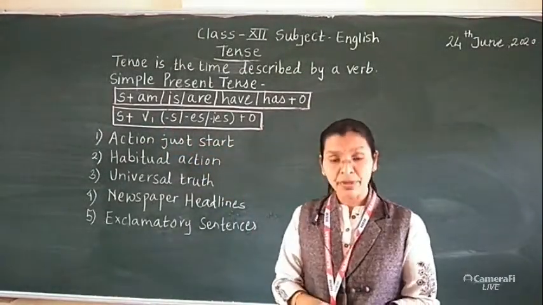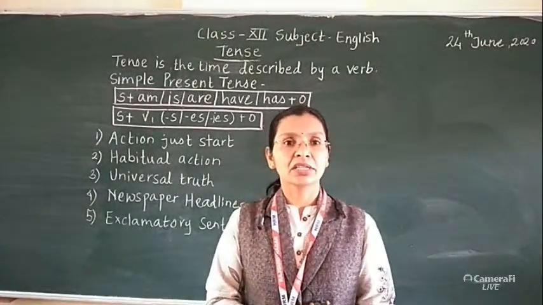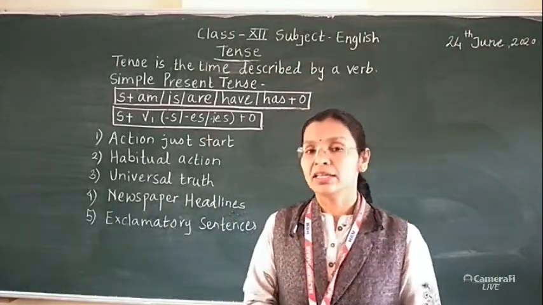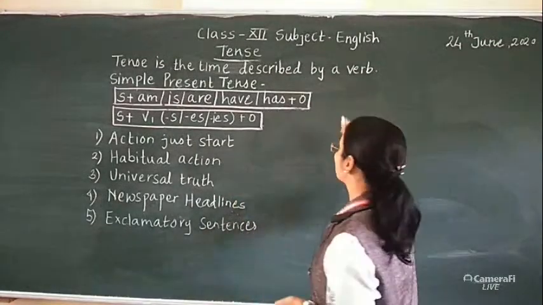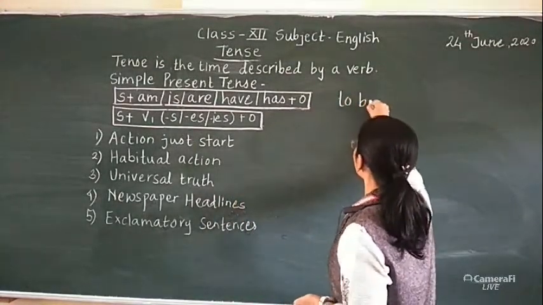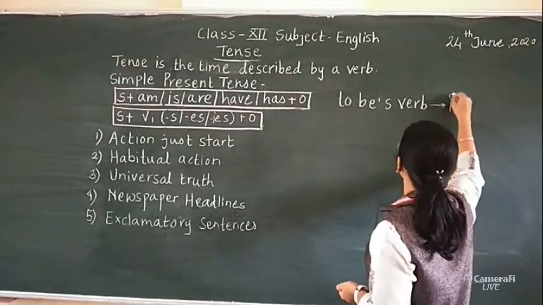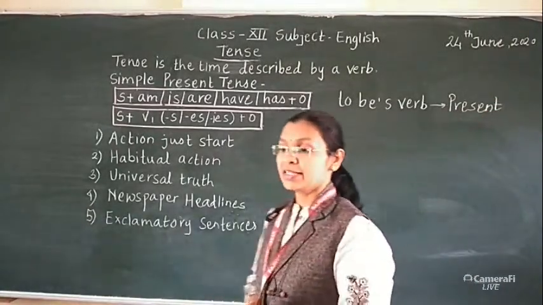Now, pay attention here, students. In tense, this simple present tense is very important. Why is this important? I'll explain. See, am, is, are are the to be verbs. And what do they show? They show the present tense.